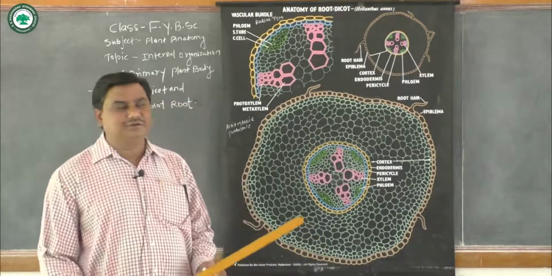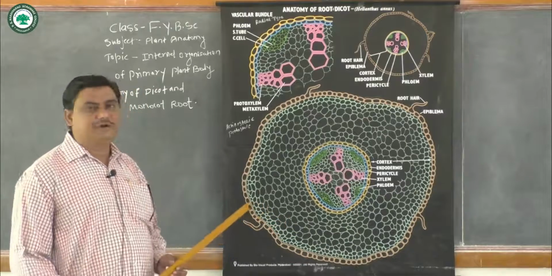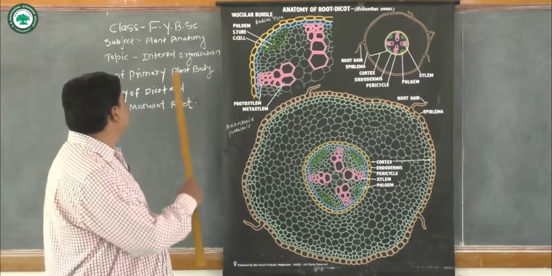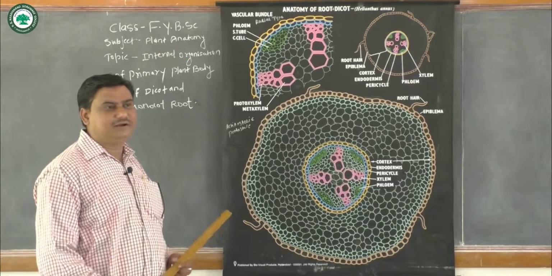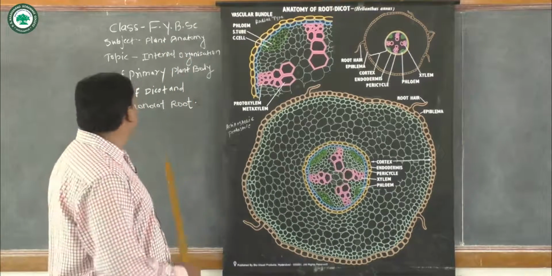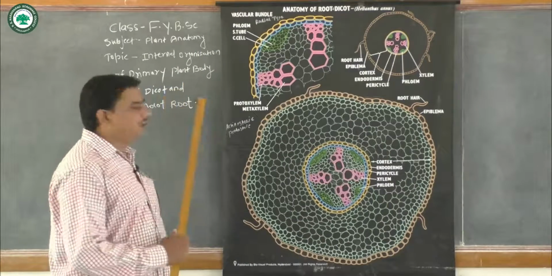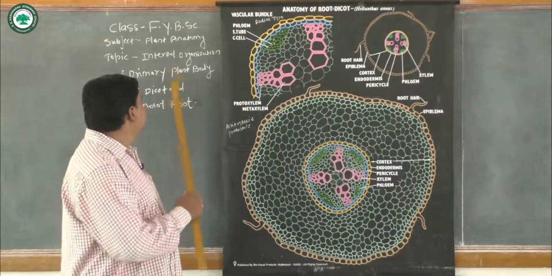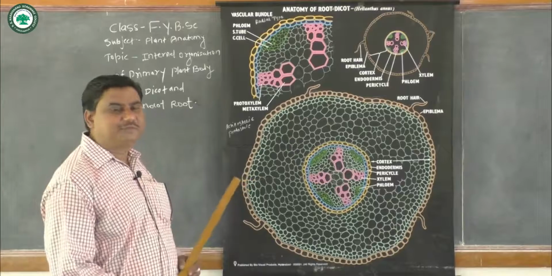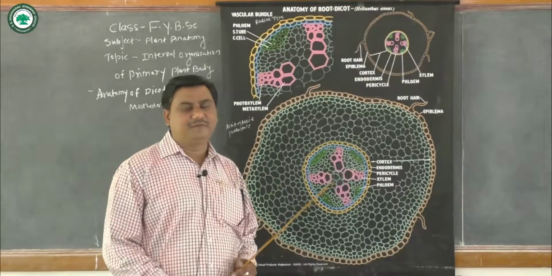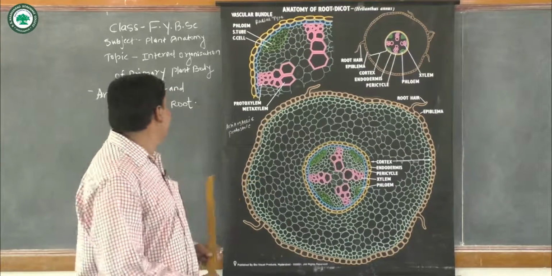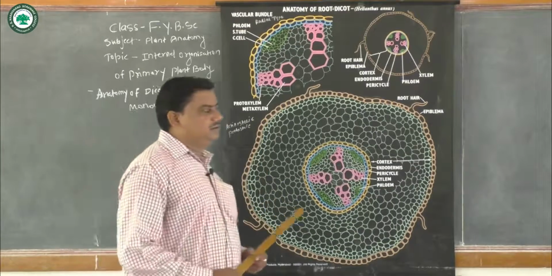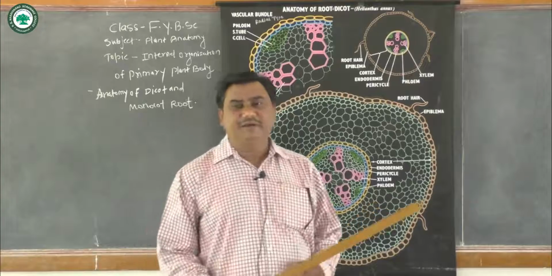Today, we are going to see a topic from the FYBSc class, plant anatomy. The particular topic is the internal organization of the primary plant body.